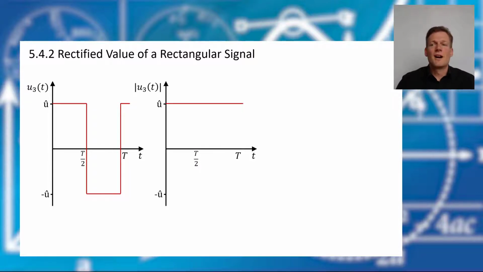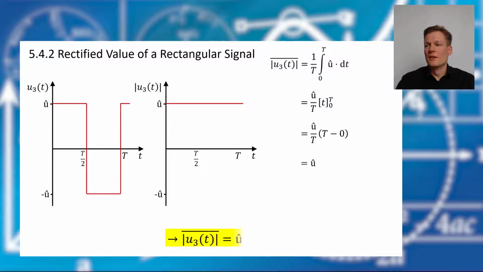And therefore, our integral is super easy because we integrate over a constant value, and therefore the primitive is just t, and if we put in the borders we get this, and this is just the amplitude. So the rectified value of a rectangular signal is just the amplitude itself.